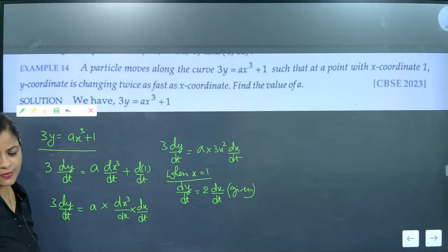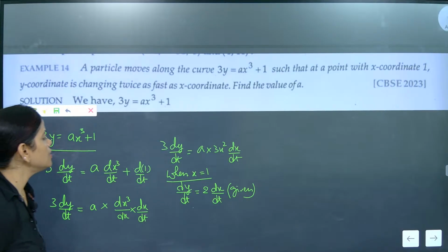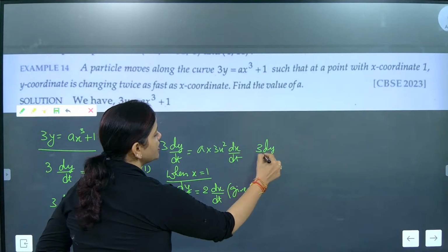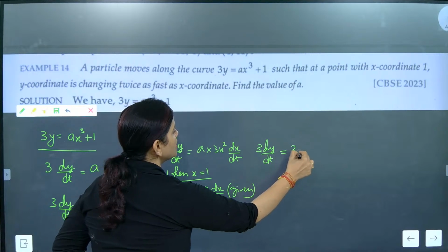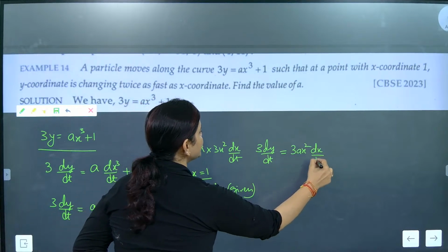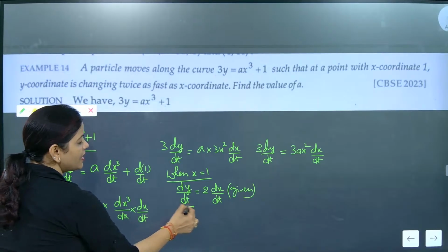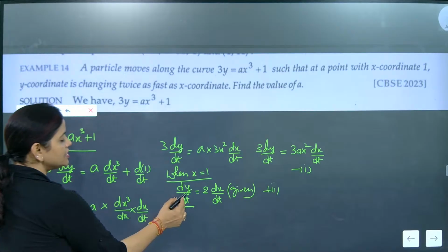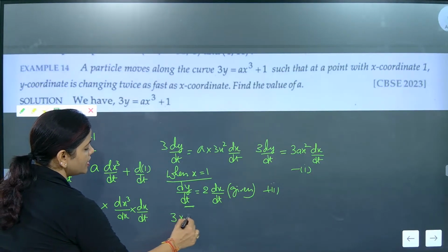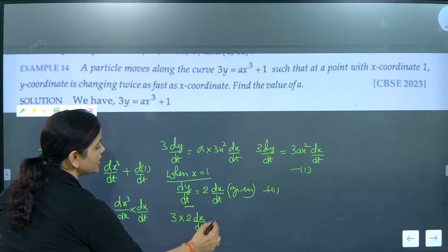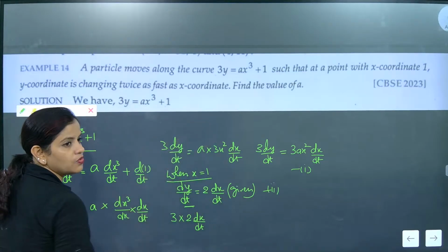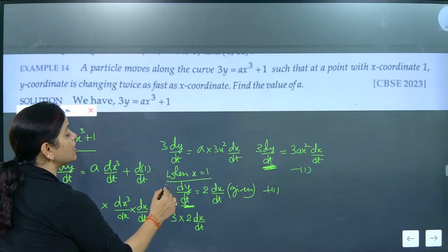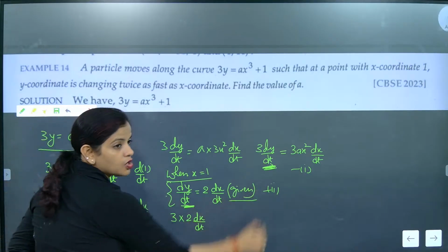So I have done this part. We have already written the equation, so now we are going to substitute. Our equation came as 3y dy by dt is equal to 3ax square dx by dt. This is equation 1 and this is equation 2. Now instead of dy by dt, can I write 2 dx by dt? I used equation 2 in equation 1. I substituted this part, which is given in the question itself.